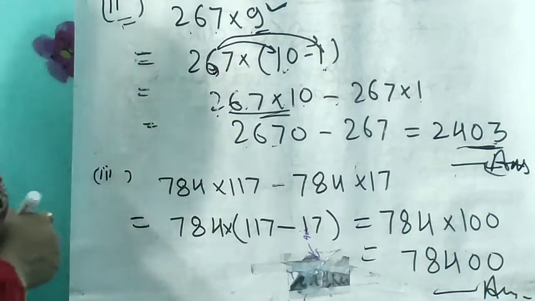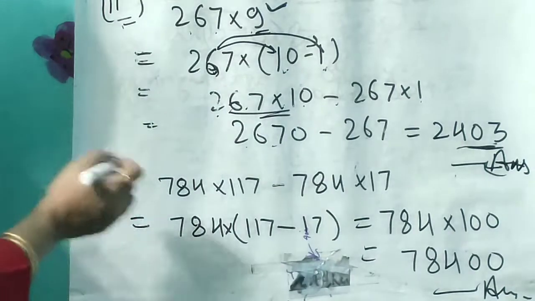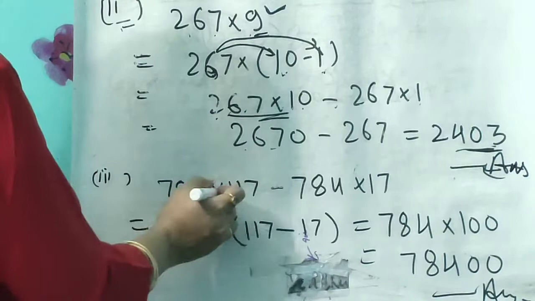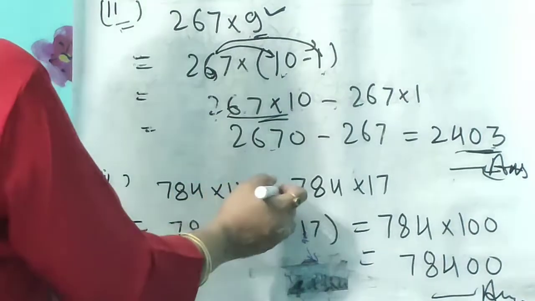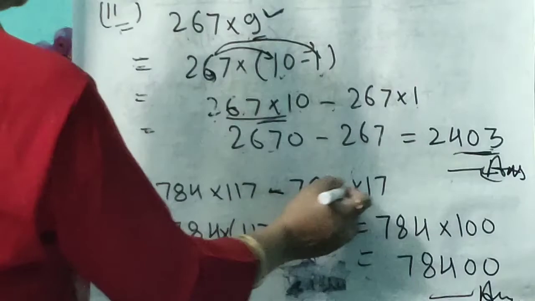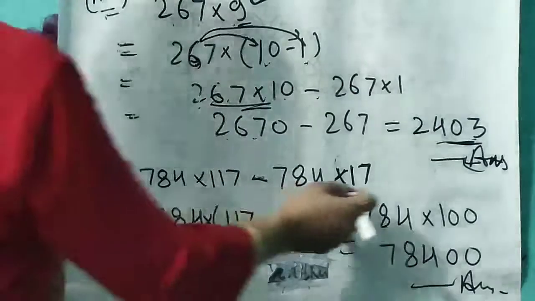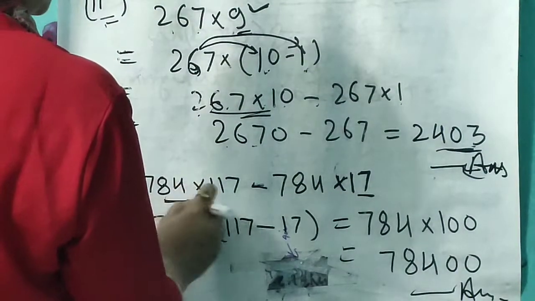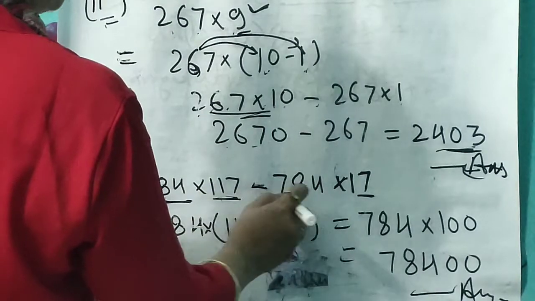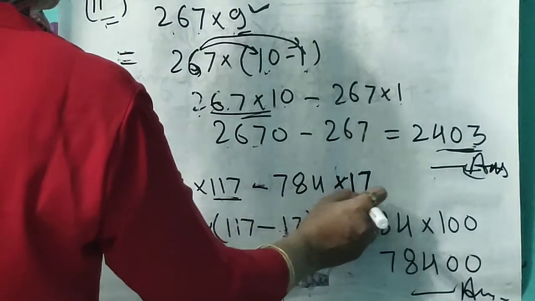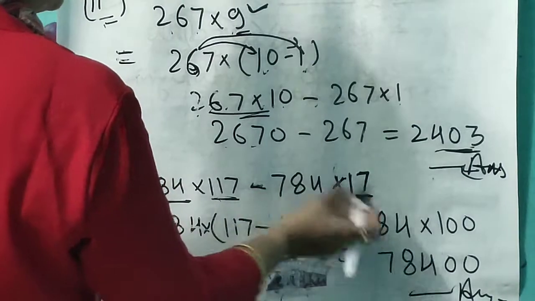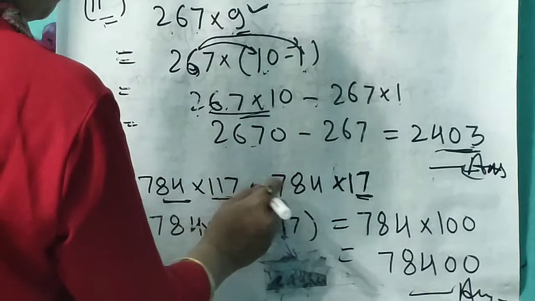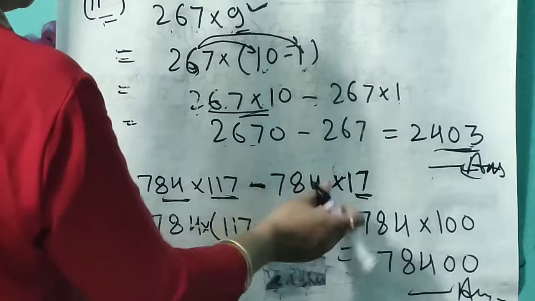Now one more question, the next example. So here it is 784 into 117 minus 784 into 17. Now in the next step you see here 784 into 117 minus 784 into 17. It is just the reverse, and we will use the reverse of the distributive law to solve this.